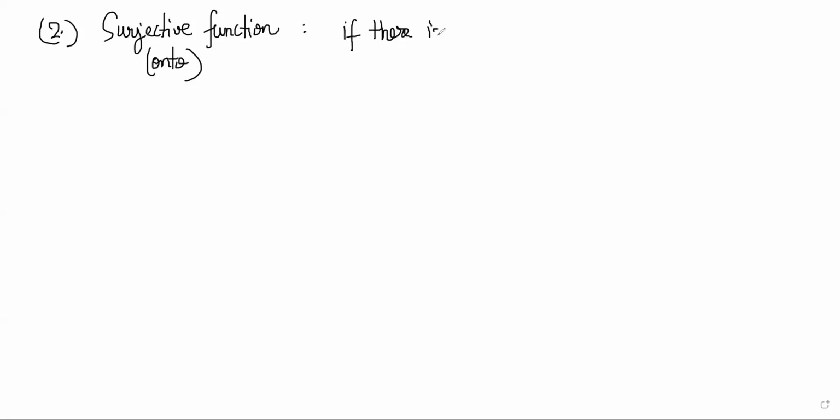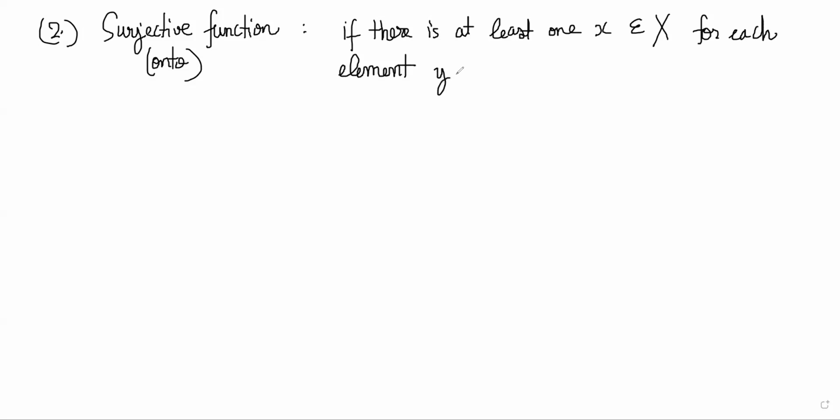The second type of function we talk about is the surjective function, which is also referred to as onto. So here we say that if there is at least one small x belonging to the set capital X for each element y belonging to capital Y, such that f of x equal to y.